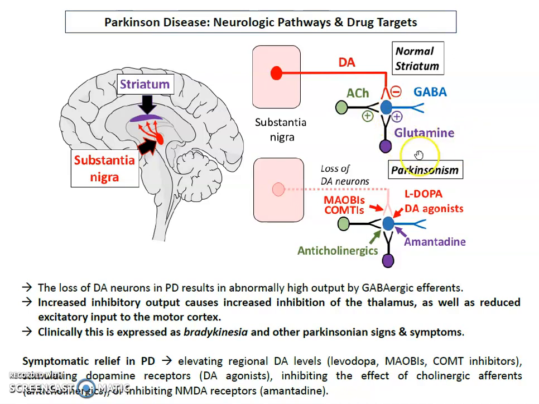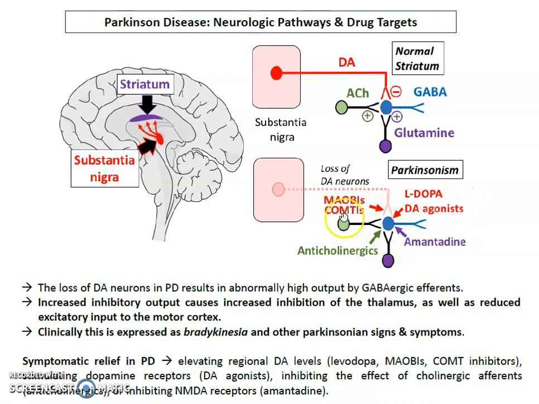So in the case of Parkinson disease, we lose the dopamine neurons which come from the substantia nigra, and as a therapy we use L-DOPA or dopamine agonists in order to stimulate this neuron.